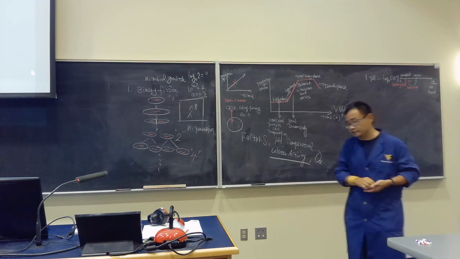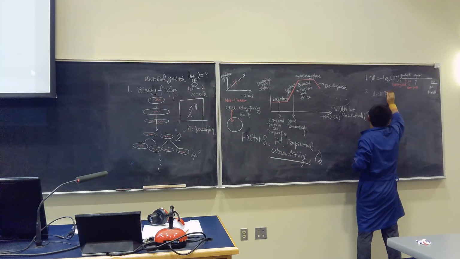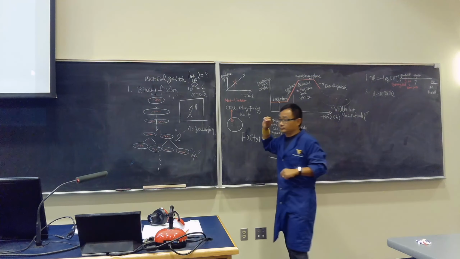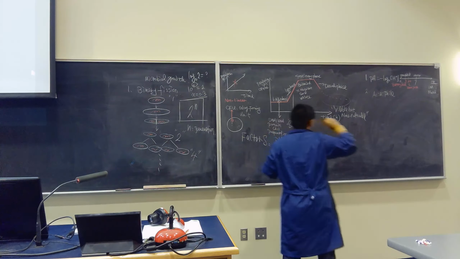So based on the pH requirements for bacteria to grow, we have acidophiles. That means microorganisms that can survive at pH 0 to 5.5.